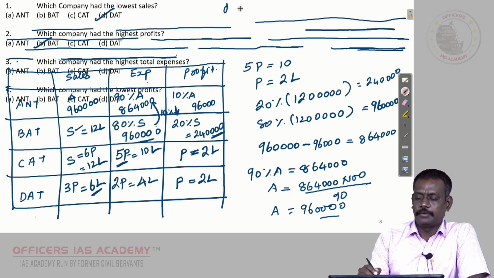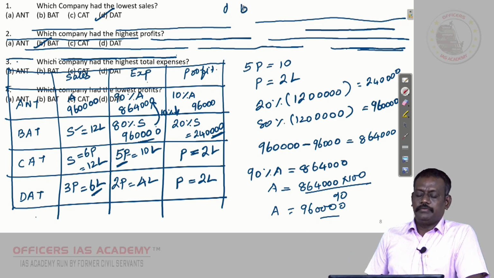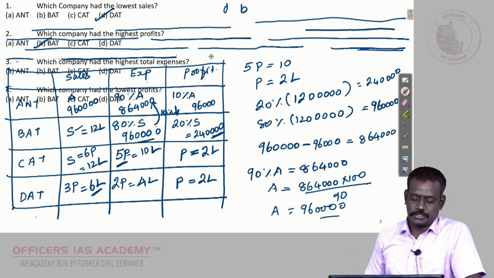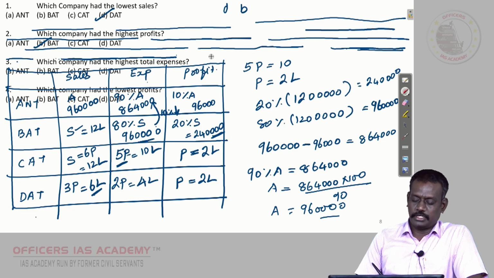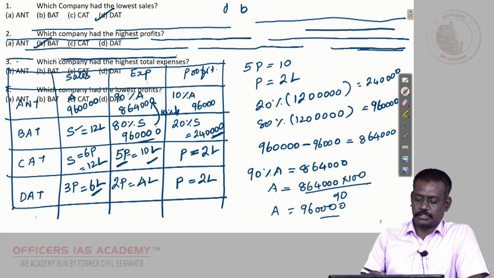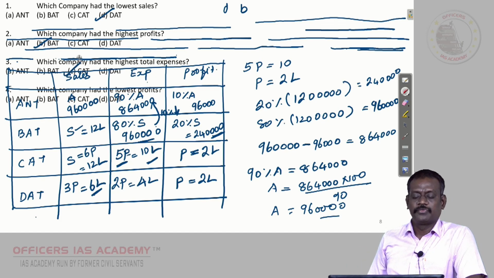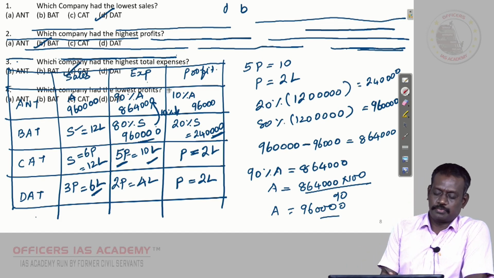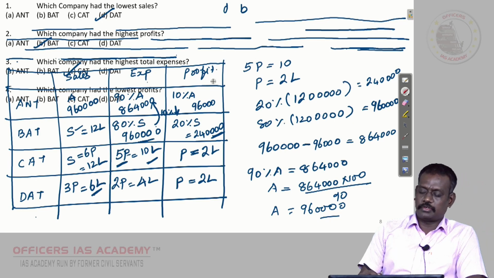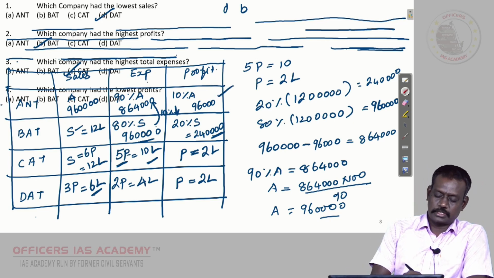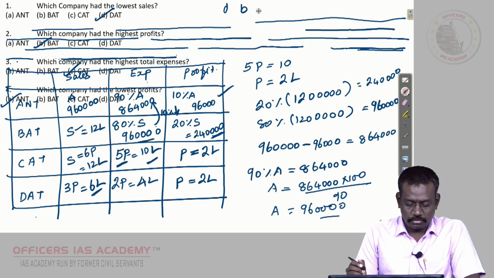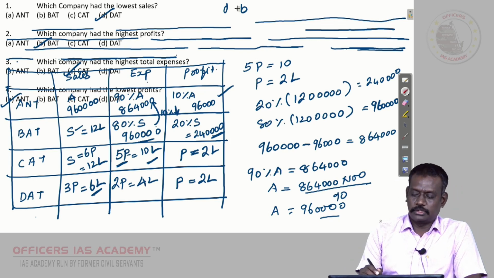Okay, D, B. And which company had the highest total expenses? The highest total expenses is C, isn't it? So it is cat. And which company had the lowest profit? The lowest profit is A, so it is ant. Okay, so the answer is D, B, C, A.